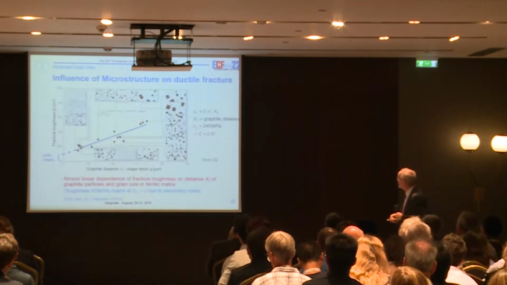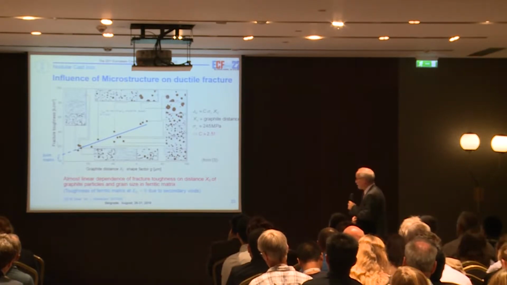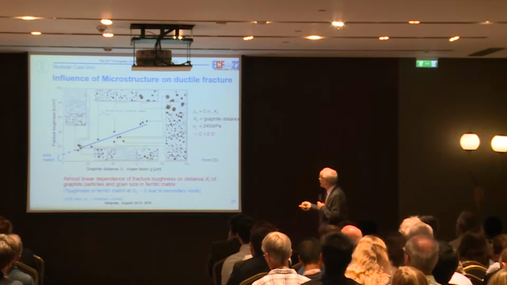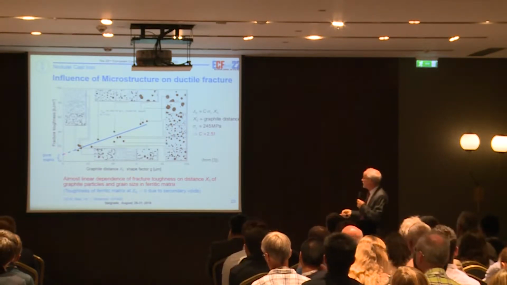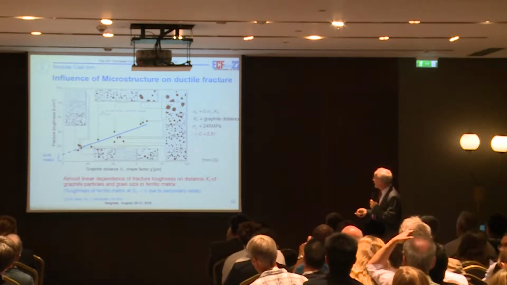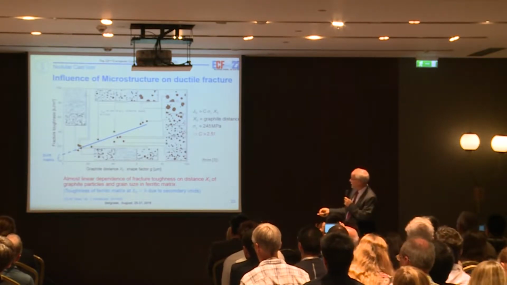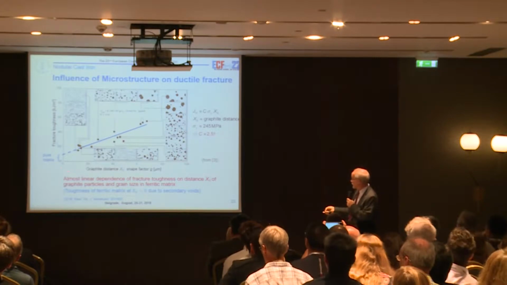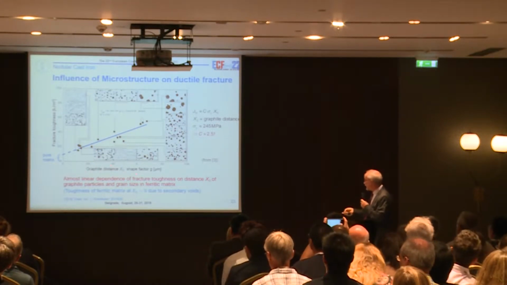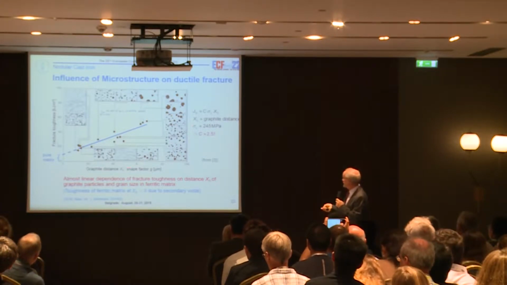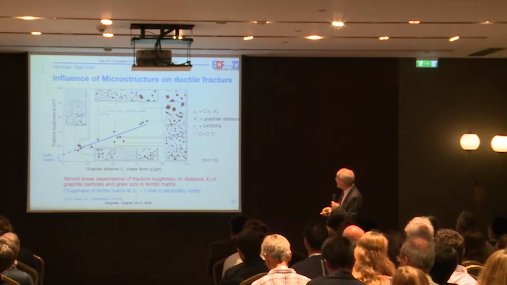Okay, we'll get back. Our friends in Germany from the BAM compiled all results about cast iron grades in this chart. Fracture toughness is plotted versus the graphite distance. This can be associated with our distance x0.